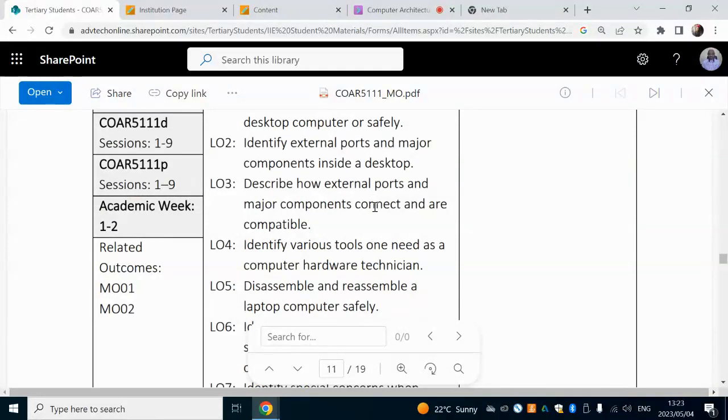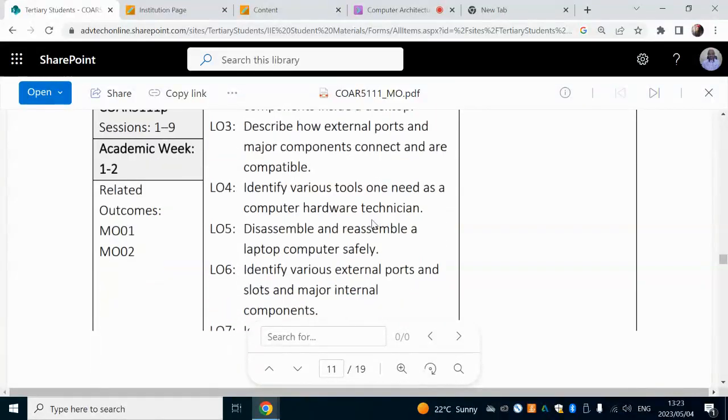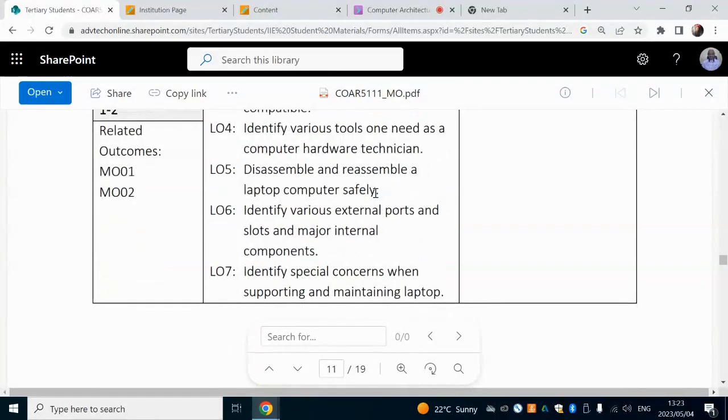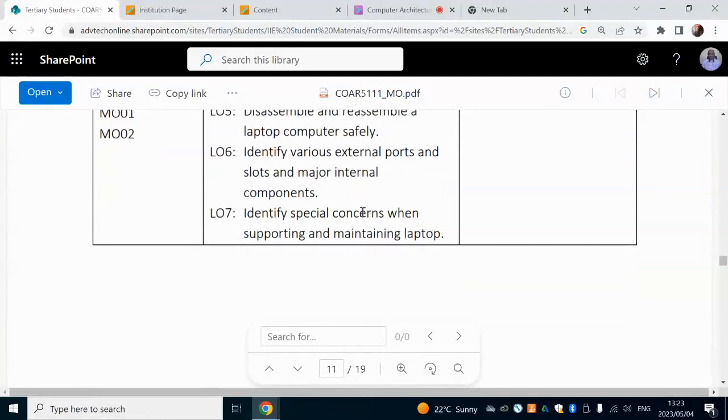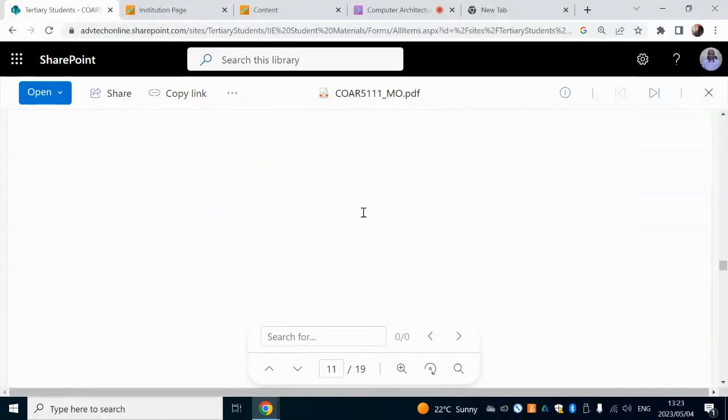Then it says, identify the various tools one needs as a computer technician. That was also covered in the assignment. Disassemble, reassemble a laptop, so both desktop and laptop were covered. Identify external ports, slots, and major internal components. You did all of this in the assignment as well. Identify special concerns when supporting and maintaining a laptop. That was chapter 1.